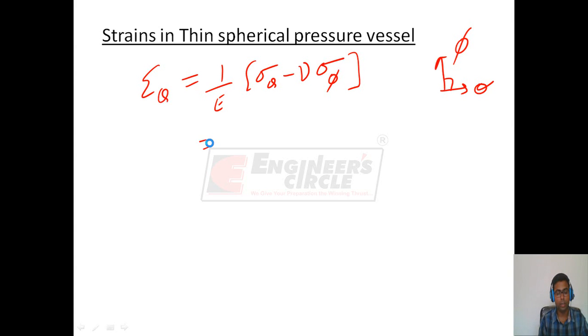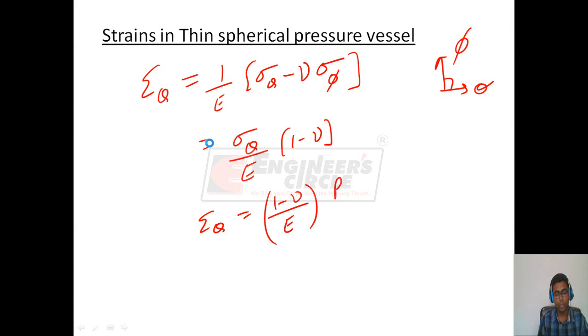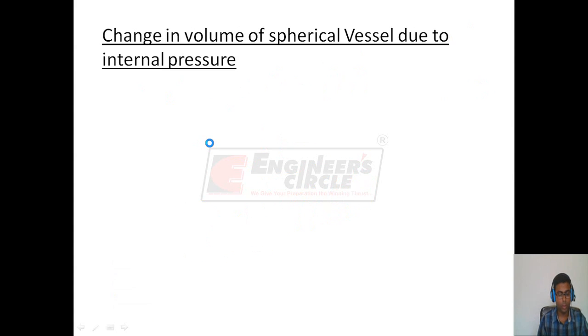Since sigma theta and sigma phi are equal, we can take them out, giving 1 minus mu. So epsilon theta will be 1 minus mu by E into PD by 4t, because sigma theta is PD by 4t.